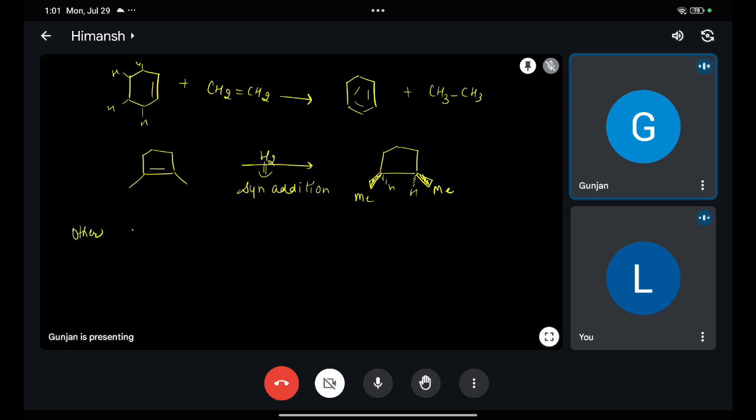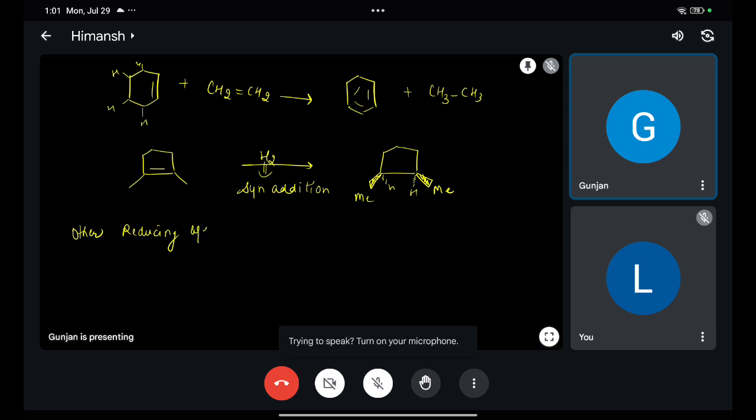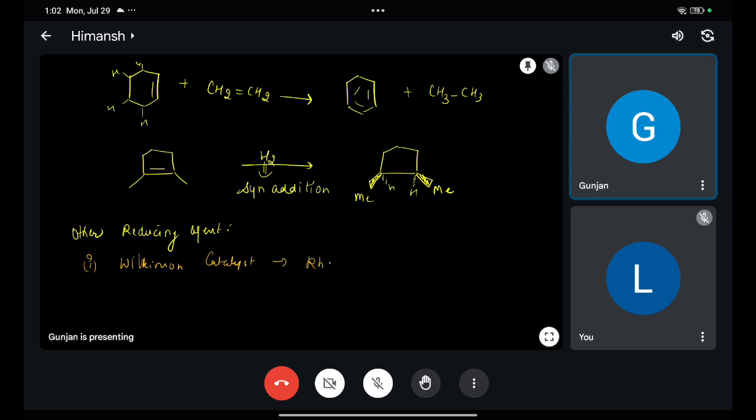Other way of using the very important, very widely used reducing agent is Wilkinson catalyst. Now what is Wilkinson catalyst? It is a complex of rhodium, PPh3 thrice.